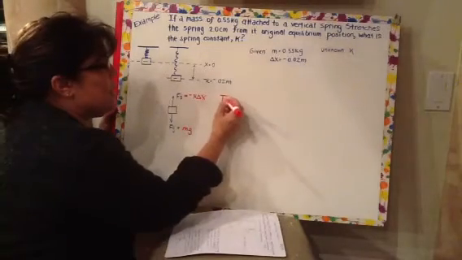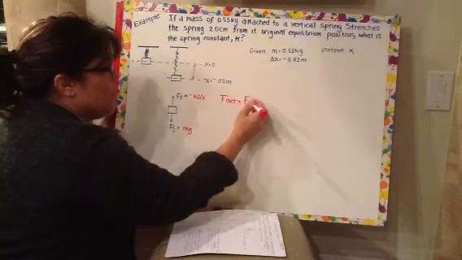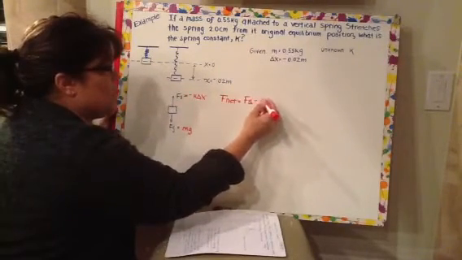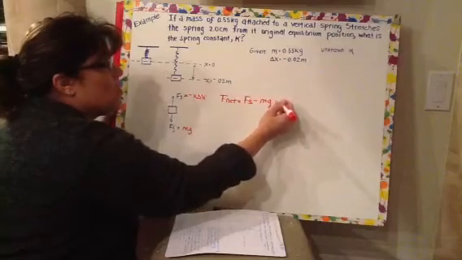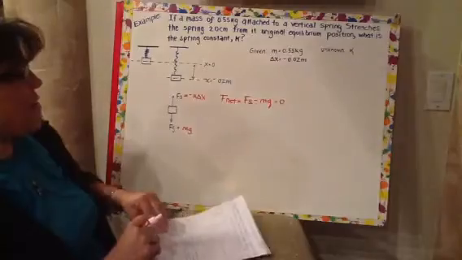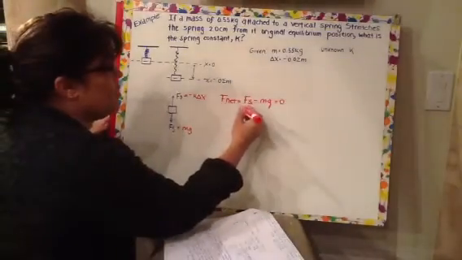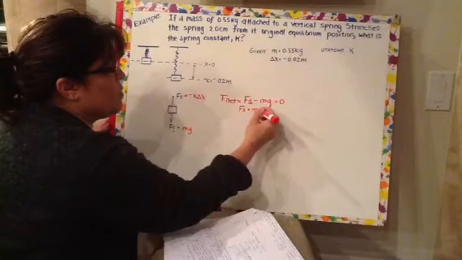So the net force on this box is going to be Fs, the spring force, minus mg. And we know that it's going to be equal to 0 because it's not moving. So our spring force will be equal to our gravitational force.